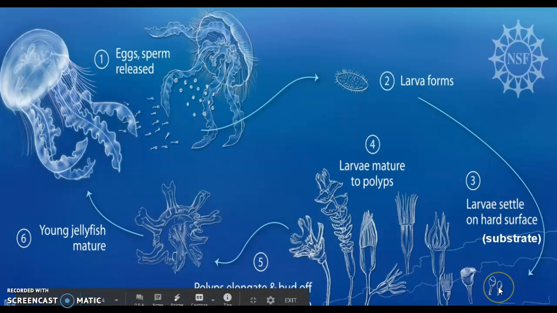Once it lands on the substrate, that larva will develop into a polyp, that vase-shaped cnidarian. And then eventually that polyp is going to grow and elongate and bud off young immature jellyfish called ephyrae. This is a little baby jellyfish here.